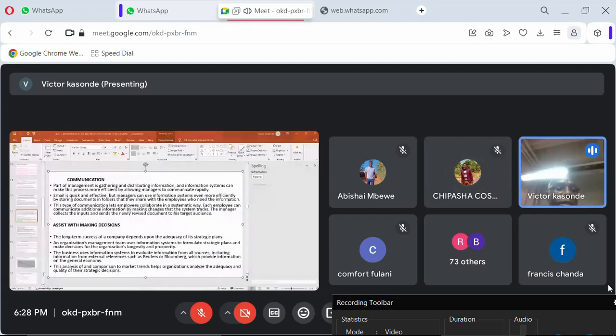Okay, so that is the way things are supposed to be working. For example, you do something, you can communicate using email. Sometimes you can use the information system. Like my role, if my role is, for example, just for the sake of admitting a student, I have to do it and push it to another level.